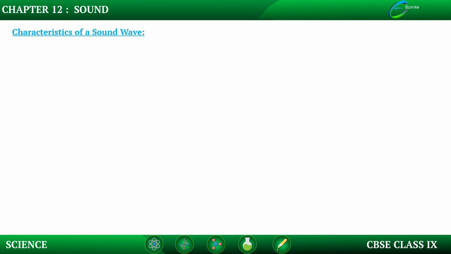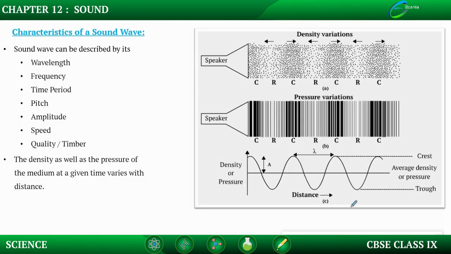Now we come to the point where we'll see the graphical representation of sound wave and we'll discuss its characteristics. As with the example of tuning fork, you have seen the vibration of arms of tuning fork or any vibrating object produce variation in density.